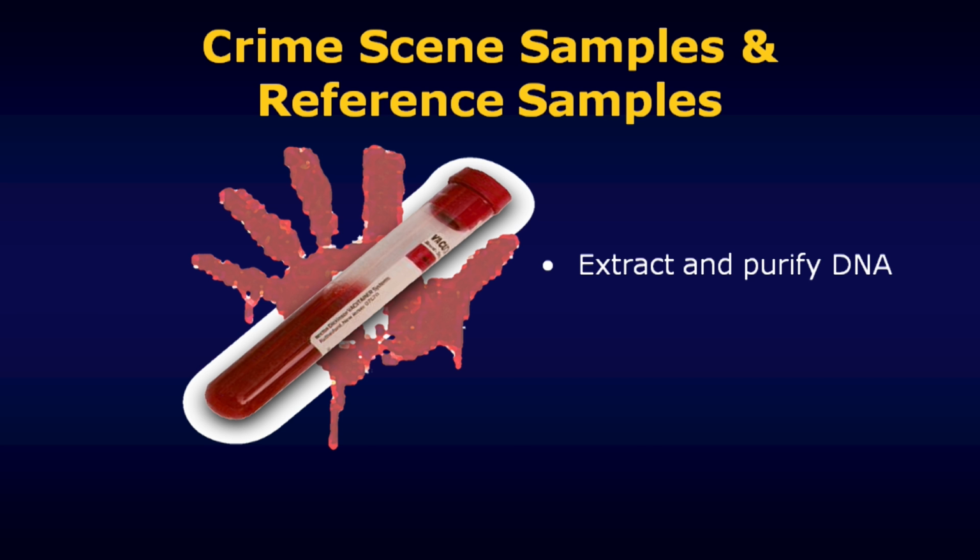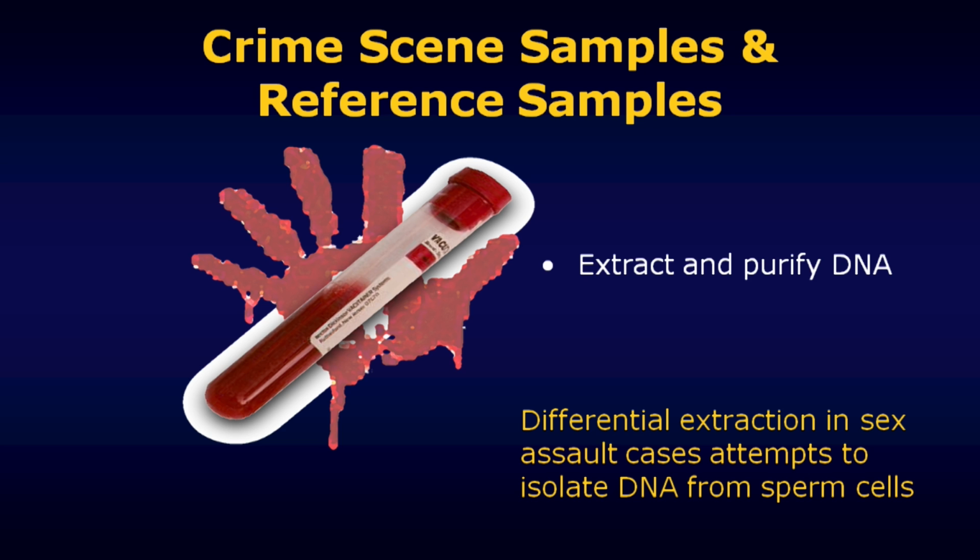Okay? There's one thing to bear in mind when we're talking about extracting and purifying DNA, and that's this. It turns out that sperm cells are a little bit different than all the rest of the cells in our body. They have tough protein coats that allow them to stay behind in certain solutions, whereas other cells like skin cells might have gotten broken up. That in turn allows this idea of a differential extraction.